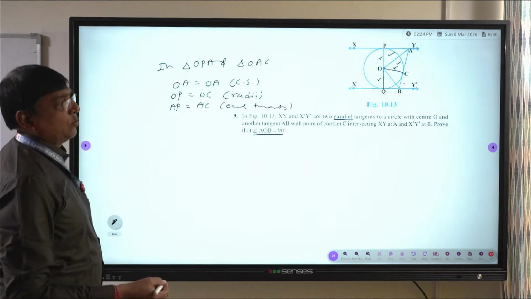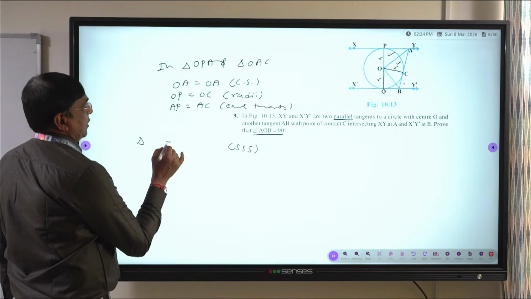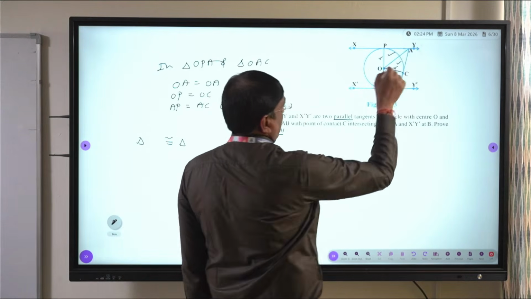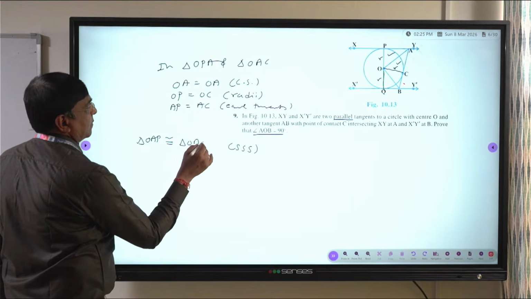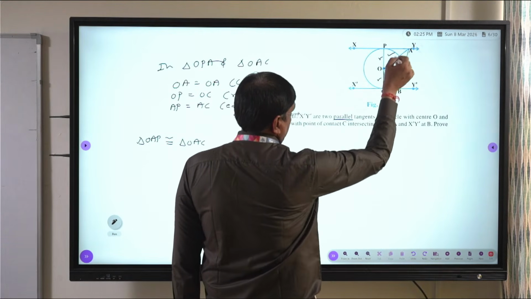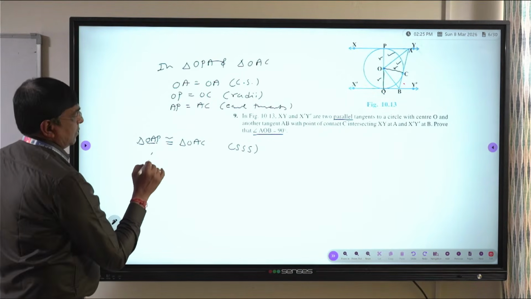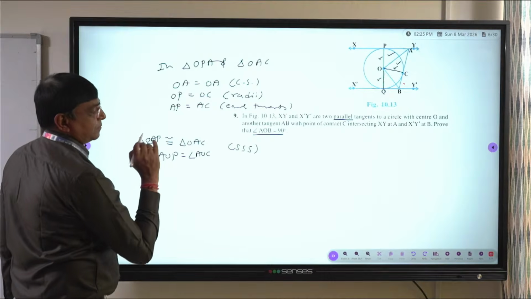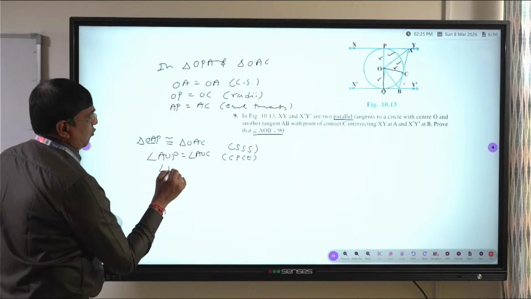So by SSS, two triangles are congruent. One triangle OAP and another is OAC. From that, we can say angle AOP equals angle AOC by CPCT.